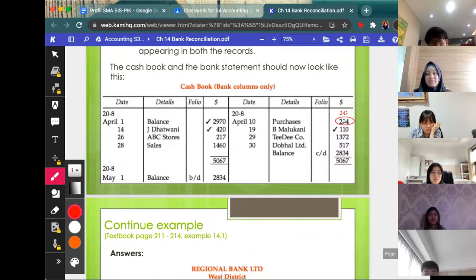So the bank statement should not follow the error. So exclude this 234. We only take this 2117, 1460, 31372, and 570. These are uncredited cheques, and these two are unpresented cheques.